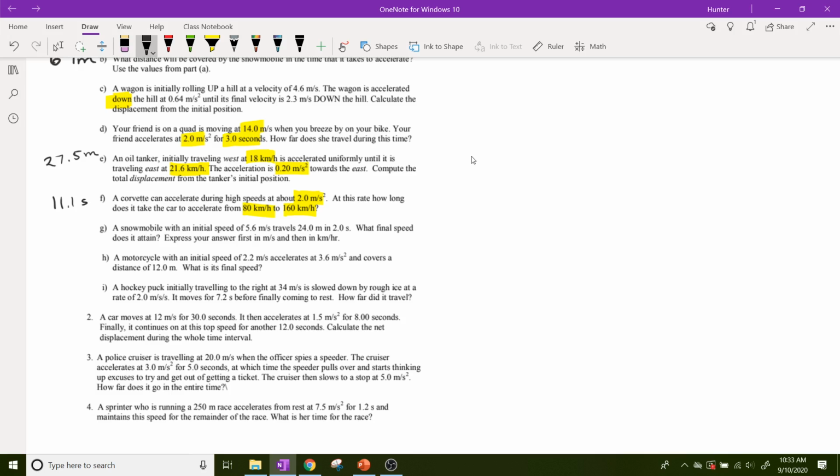Initial speed: it does have an initial speed, 5.6 meters per second, and it goes 24 meters of distance in 2 seconds of time. Make a quick little sketch. We don't know the final velocity, so I'll just write VF.